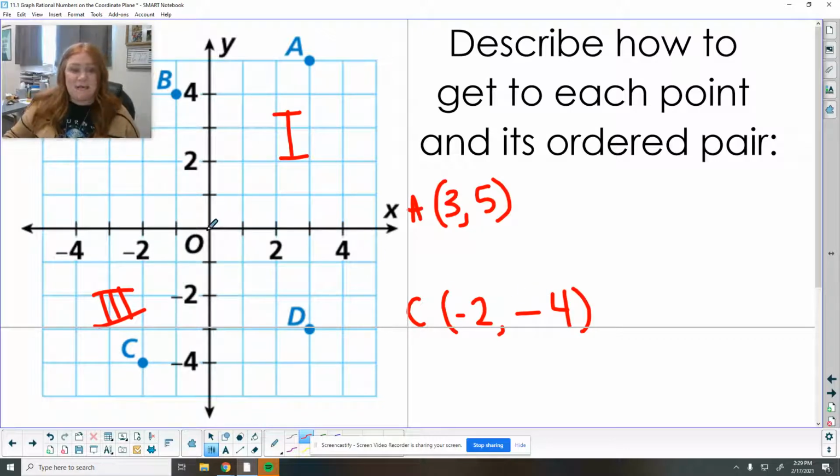And then D, we want to go over 3 and then down 1, 2, 3. So it's over positive 3 and then down negative 3. So this is quadrant 4. So each of these, we've got a positive, positive, negative, positive, negative, negative, and then positive, negative. So every time over, left or right, then we go up or down.